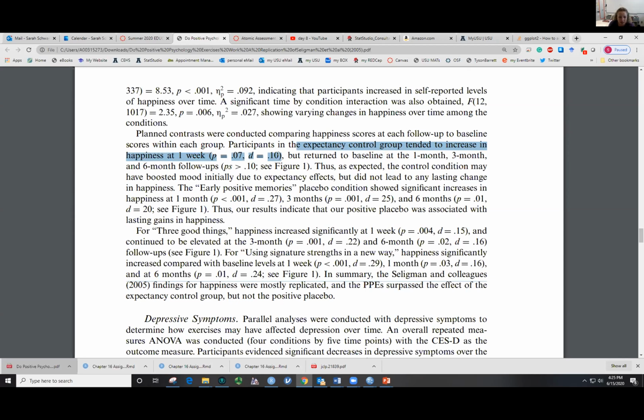But does it say anything here about multiple comparisons? It does not say. So I'm thinking they did not do any corrections for multiple comparisons, which even for planned comparisons you should be doing some, because they did a ton of pairwise comparisons. Like every one of these is a pairwise comparison, isn't it?